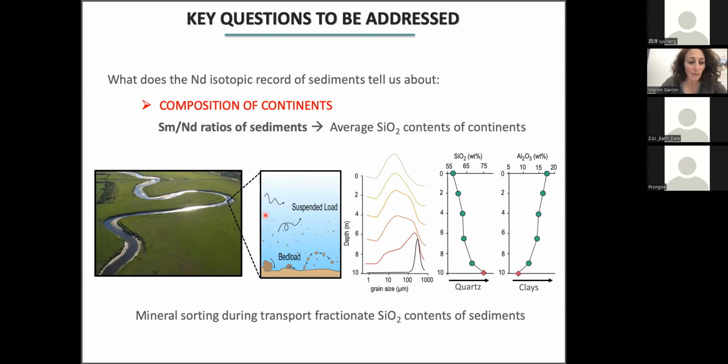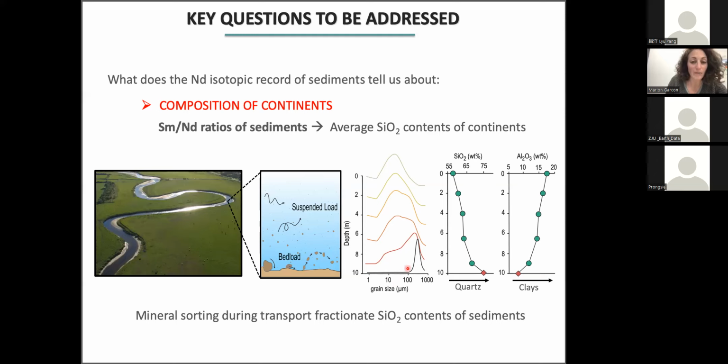So the first thing is I wanted to say that it's not that easy to get to the average silica content of the continent using sediments, because basically the silica content is fractionated through the transport. So if you look here at a vertical section in a river, you will see that there are some materials that are transported as bed load, others as suspended load, and this basically depends on the size and the density of those materials.